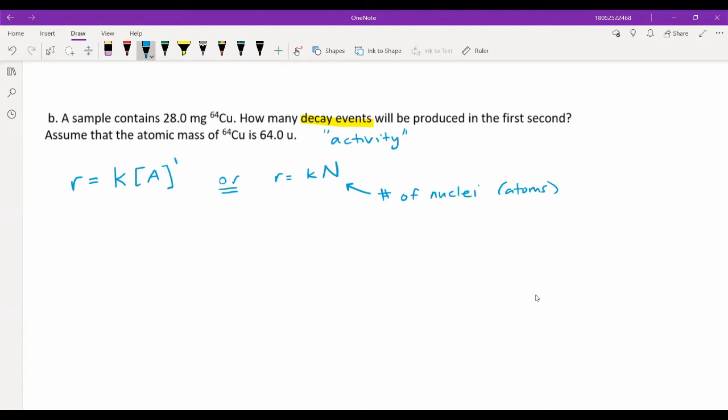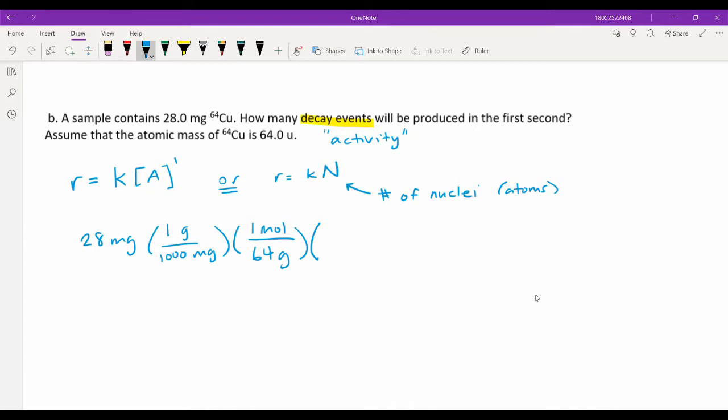Therefore, what we're going to need to do is figure that out. We have 28 milligrams of this copper-64. We can figure out the number from some dimensional analysis, converting to moles. Since this is a particular isotope, it has a mass of just 64. It's not like a sample of copper, which is an average of different isotopes.